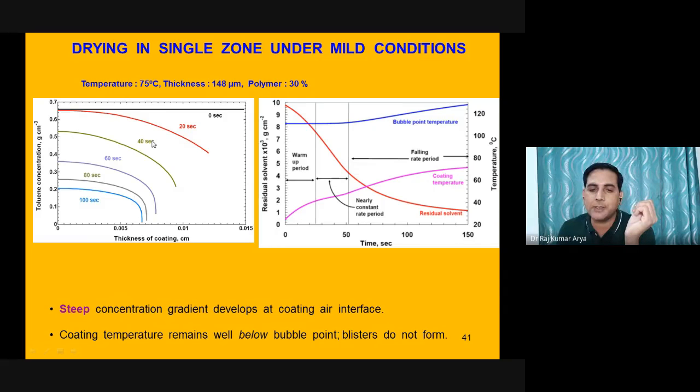Now, say at 40 seconds the concentration is drastically changing, and at the end of 100 seconds you find at the top surface the concentration is not changing much. The change in concentration over thickness is a very huge value. Here the concentration at 0 has a very high, significant value.